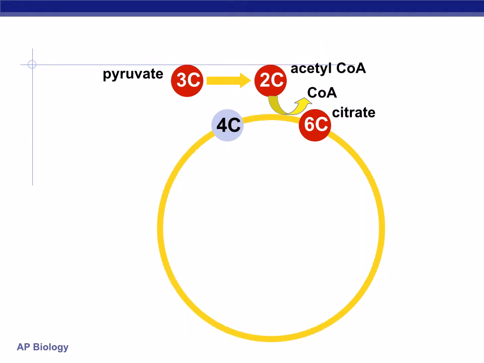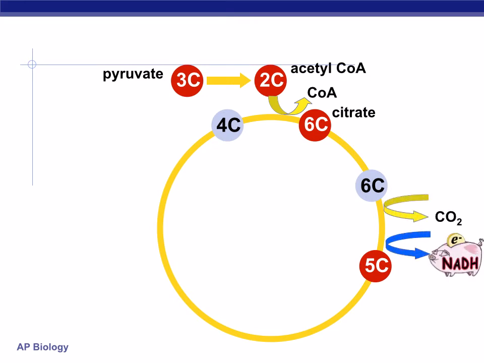So let's go through this step by step. First of all, you have the 6 carbon being decarboxylated and dehydrogenated to give a 5 carbon compound. Then this 5 carbon compound is going to be decarboxylated, dehydrogenated to form a 4 carbon molecule.